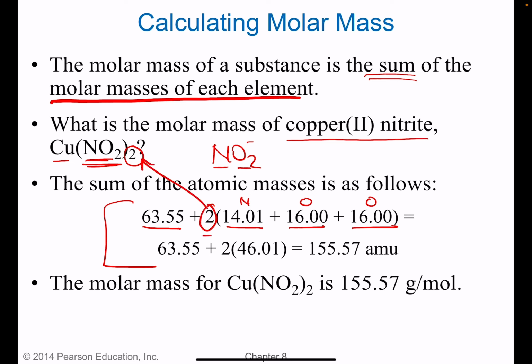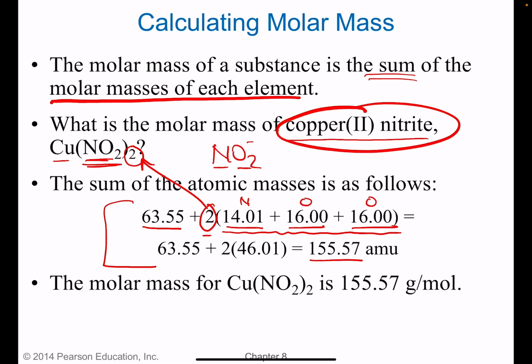So this 2 is essentially doubling everything we calculate on the inside. And then if we do that calculation correctly, so if you were to try to do this on your calculator or independently as practice, try to find the molar mass of copper 2 nitrite, you should get about 155.57. And the units are always grams per mole. So 155.57 grams per 1 mole.